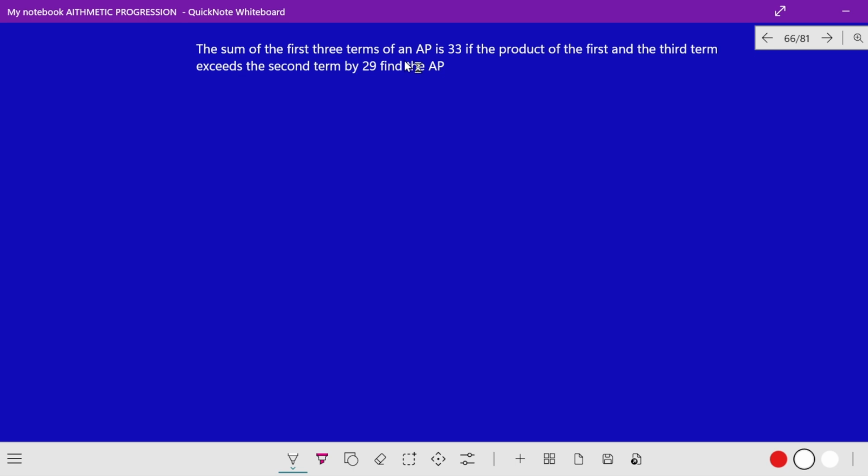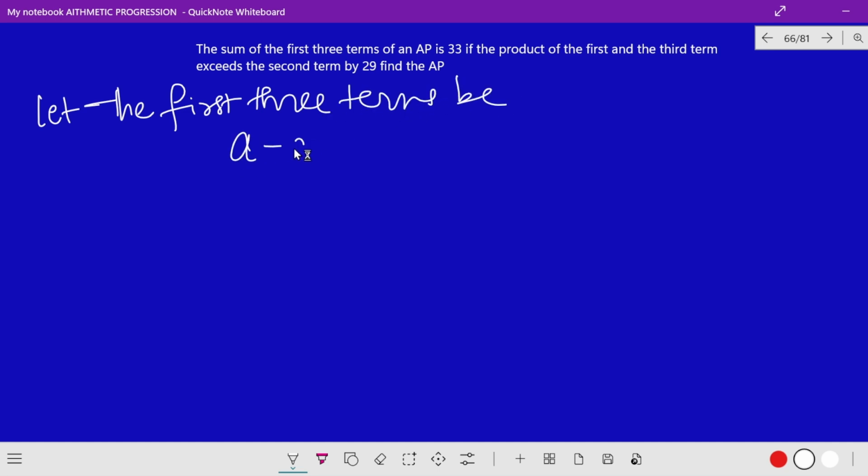The sum of the first three terms of an AP is 33. Let the first three terms be A minus D, A, A plus D. Sum of the first three terms means the sum of these three terms.